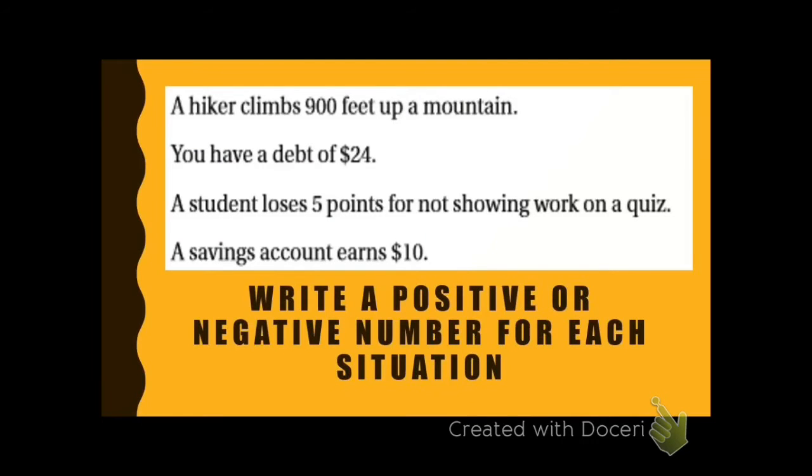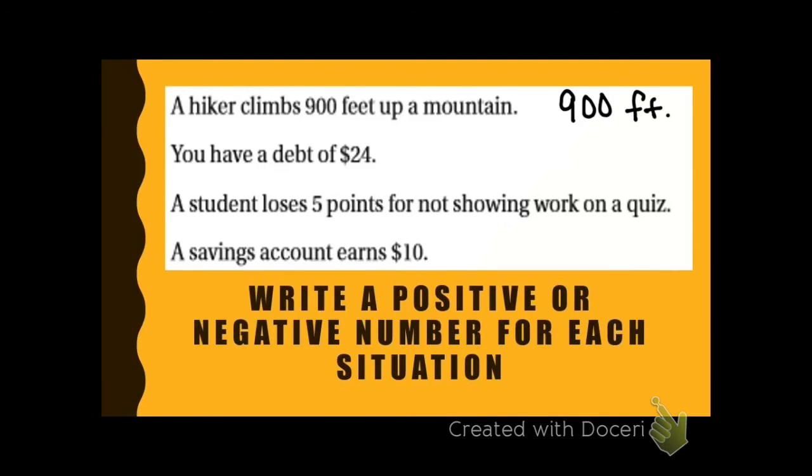All right. When you're writing a positive or a negative number, let's practice doing that for each situation. We're going to read the statement and represent that statement with either a positive number or a negative number. A hiker climbs 900 feet up a mountain. If you're going up, would that be positive or negative? Right, it would be a positive 900 feet.